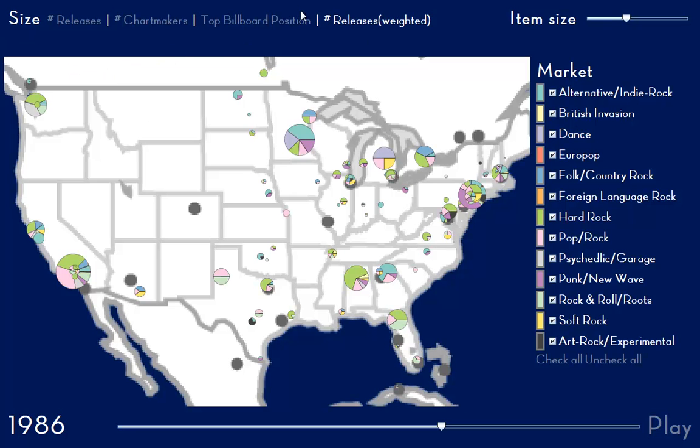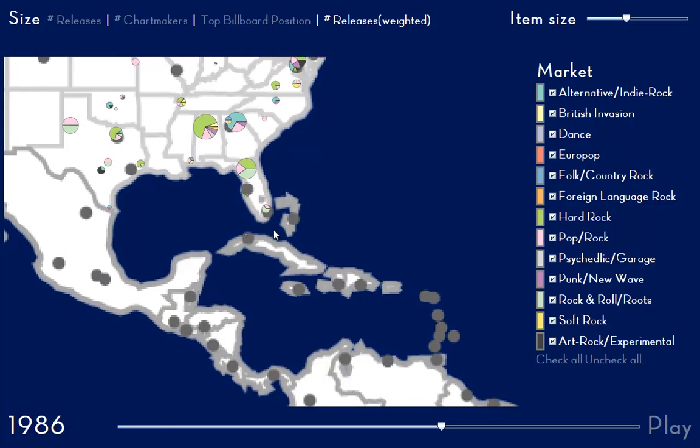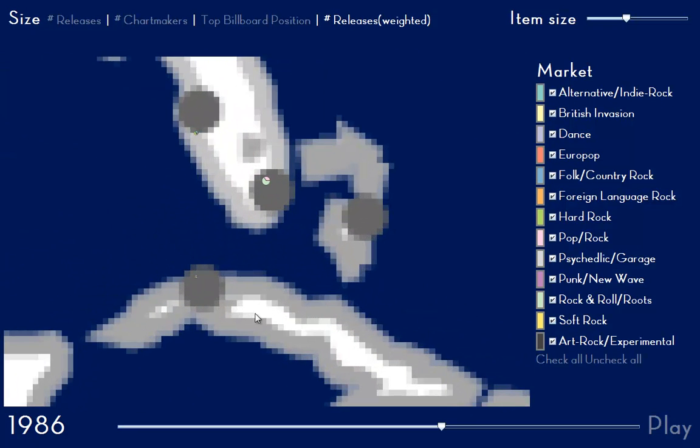Now, it can be interesting to switch between those size selectors. For example, here in the year 1986, if I zoom in to this location where we see Cuba and Florida, we can see that the Havana location here released significantly fewer albums than the Miami location.